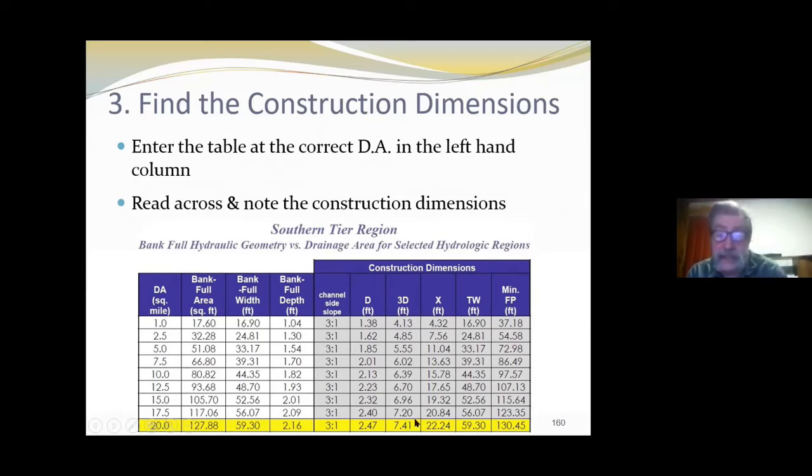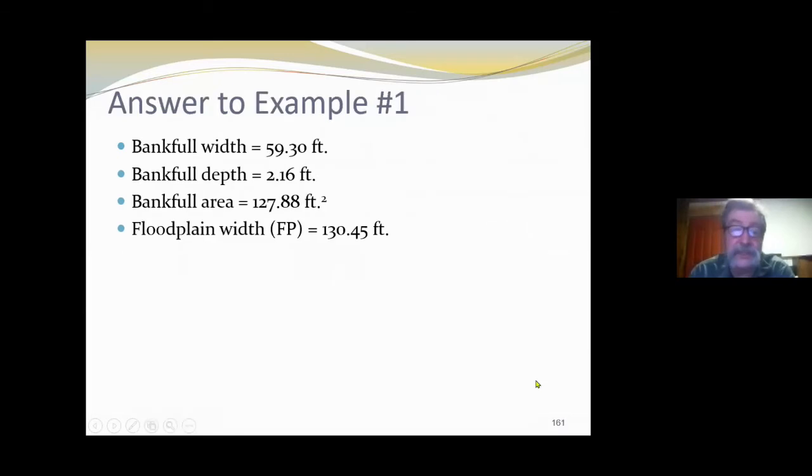A cross section top width of nearly 60 feet, and a floodplain. We're looking to get a floodplain of about 130 feet. So there's all the dimensions for us. I mean, we don't need to go out and run calculators or anything else. We have nice, simple dimensions there.